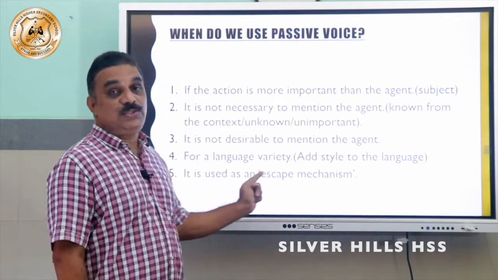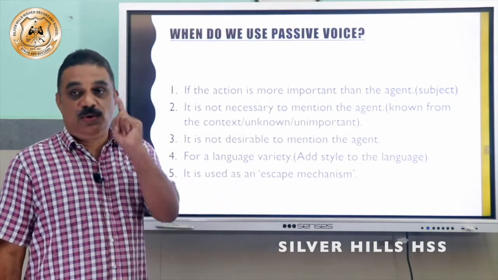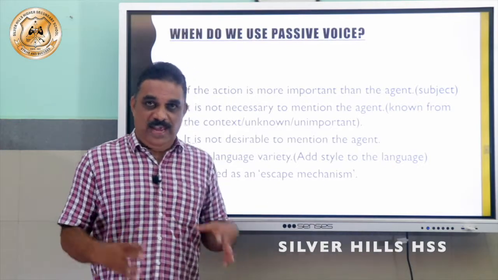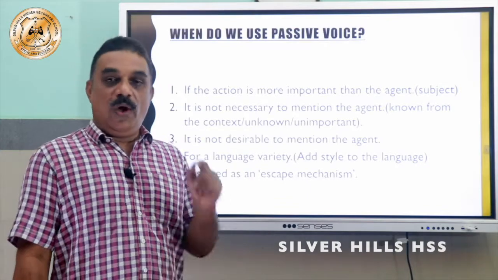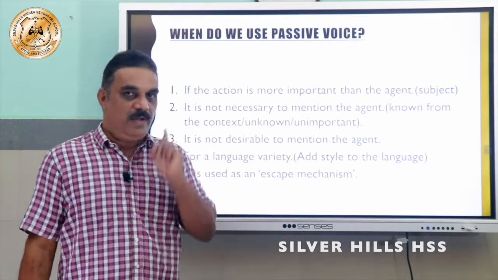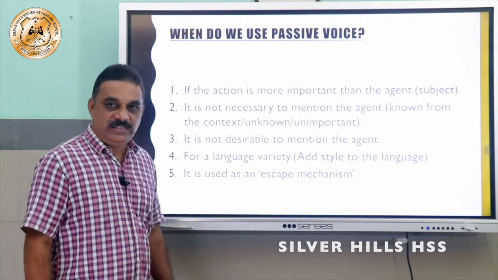It is used as an escape mechanism, and that also is very important. So remember, now we are going to examine the steps that we have to follow while converting an active sentence into passive. Remember, we have to follow 4 steps. Let us see what they are.